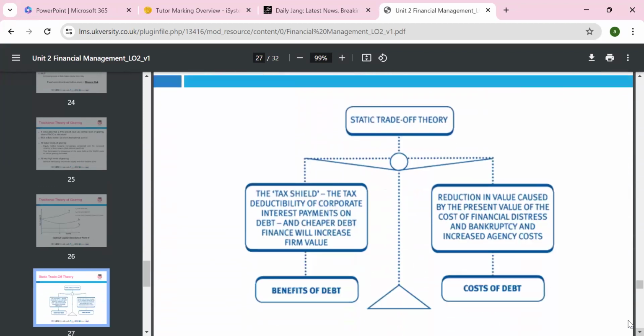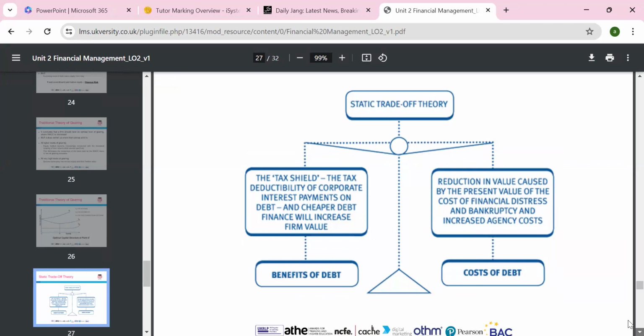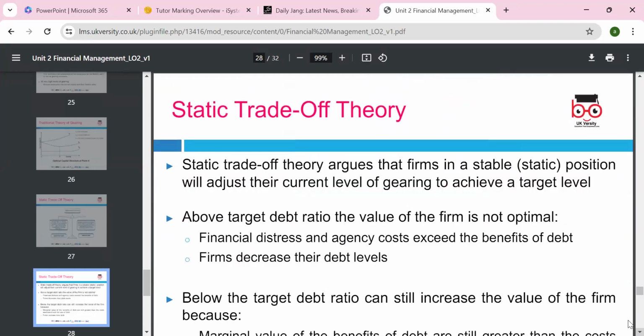The static trade-off theory is about the tax shield, which is the deduction of corporate interest payments on debt, which is cheaper. The financial value will increase, with a reduction in cost, against the present value of the cost of financial distress, bankruptcy and increased agency costs.